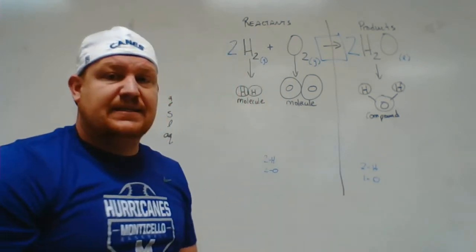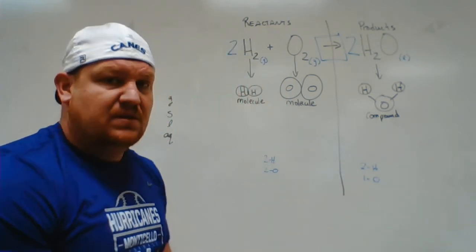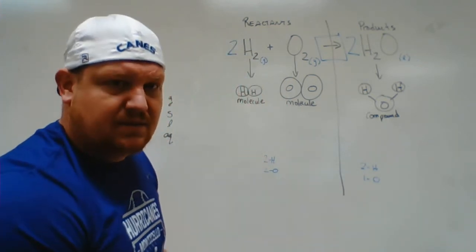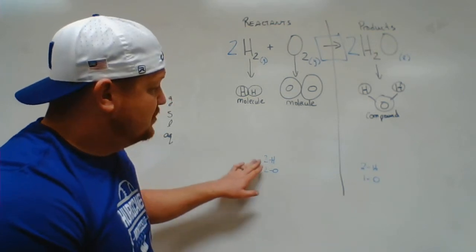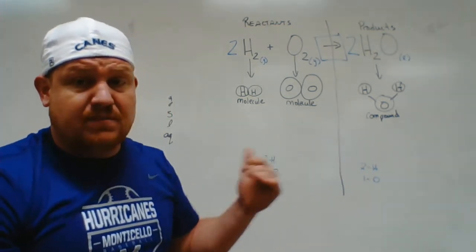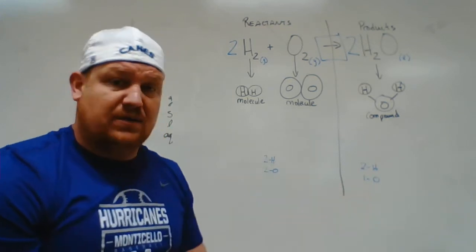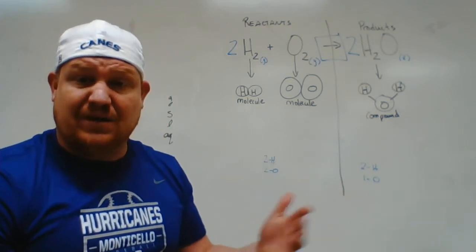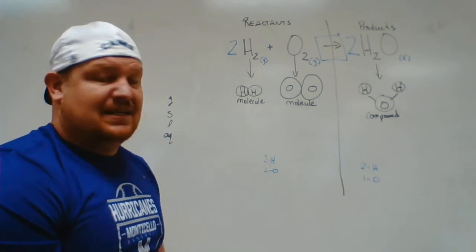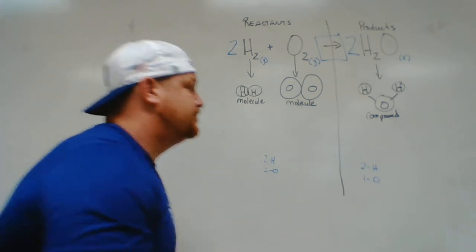So the problem is this doesn't match up. This is not law of conservation of mass. Okay, so 2 and 2 is good. I have two hydrogens on both sides. That is conserved. That's what we want. But I have two oxygens and one oxygen, and that's not what we want. They don't match. They don't balance. That does not support the conservation of mass.